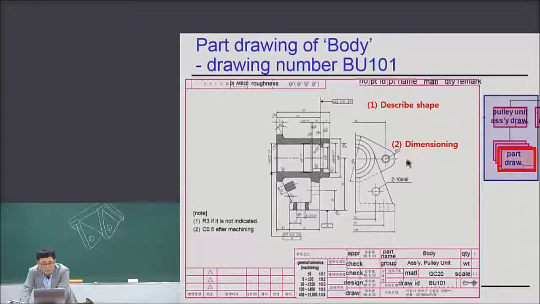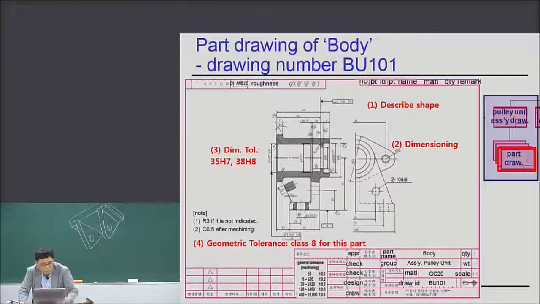And dimensioning: since it's a part drawing, all dimensions have to be placed. Dimensioning, and dimensional tolerance, you see, H7, H8, you are familiar with this already, and geometric tolerance, class 8 for this part.